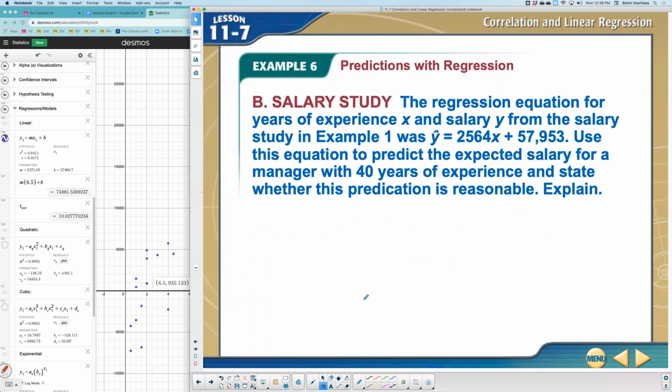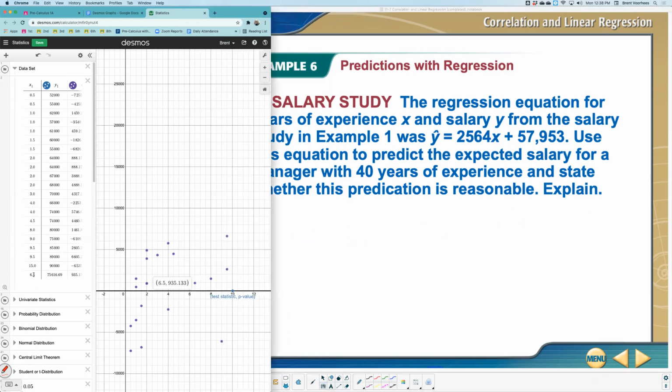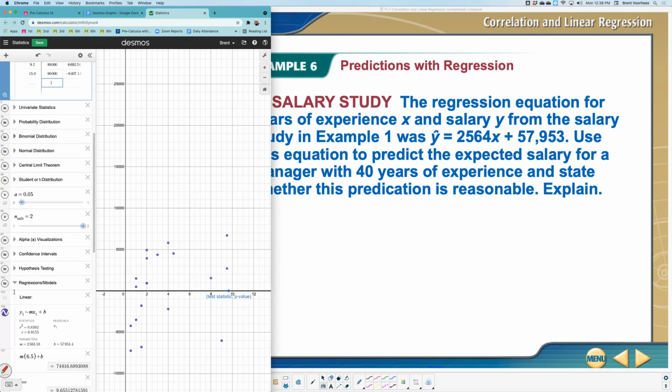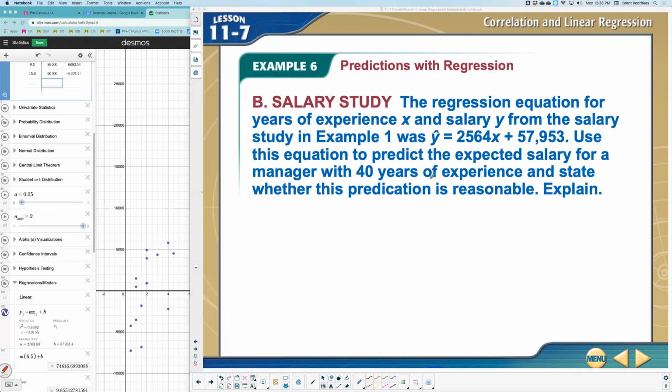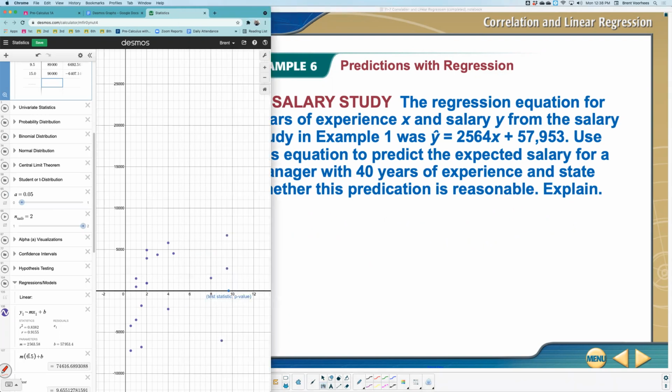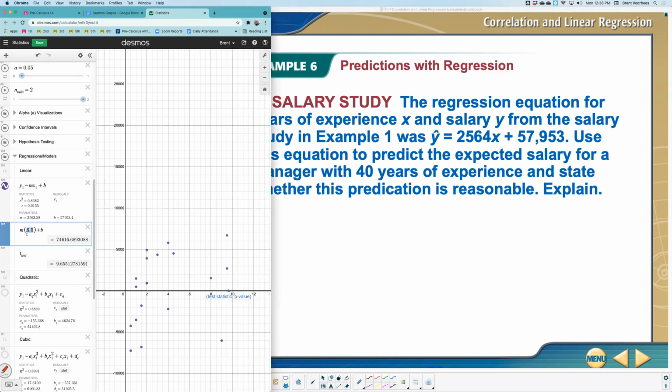Okay, in part B, it says use this same data. I'm going to go ahead and delete the 6.5 so it doesn't mess with my numbers here. We now want to know what's the expected salary for a manager with 40 years of experience. So I'm going to put that in there.